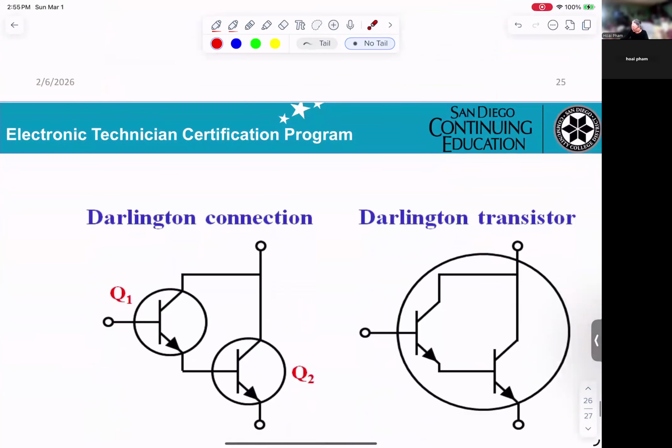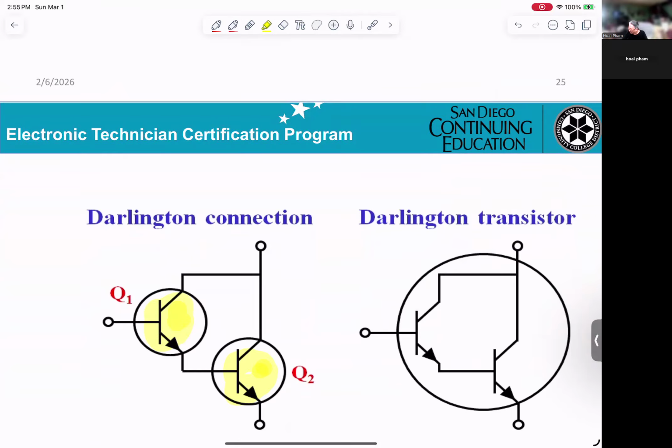Okay, last one. That's a Darlington connection. You can see you get Q1, output emitter connected to Q2. That's just telling you one thing.